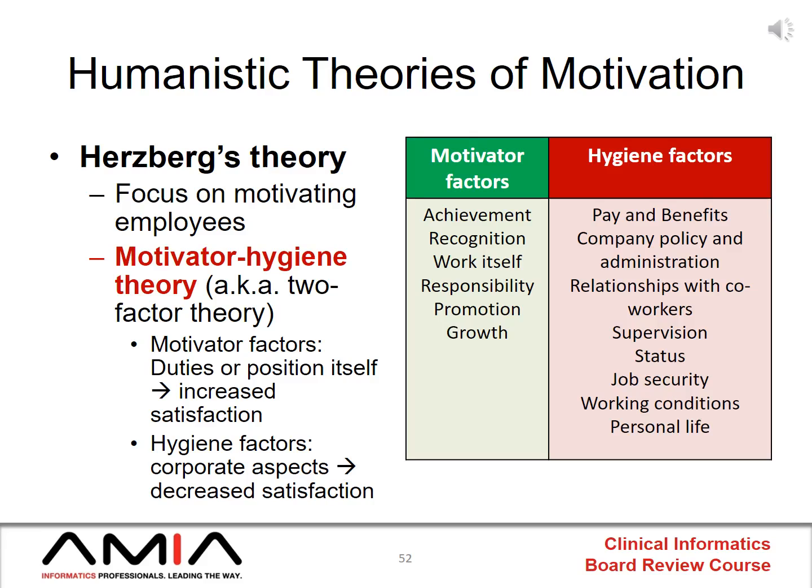Motivator factors are considered to be more powerful in motivating individuals. You'll notice that there are a lot of similarities here between motivator factors and intrinsic motivators. Hygiene factors, on the flip side, are predominantly composed of extrinsic motivators, and use of hygiene factors in the workplace leads to an overall decreased satisfaction among the employees.